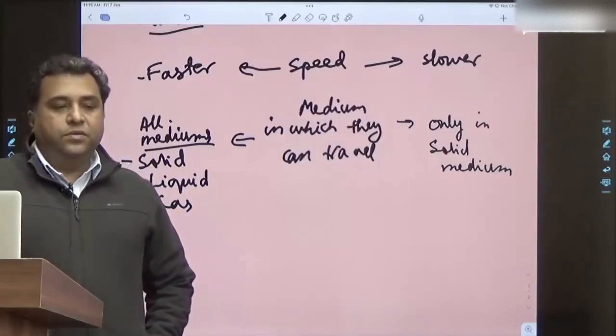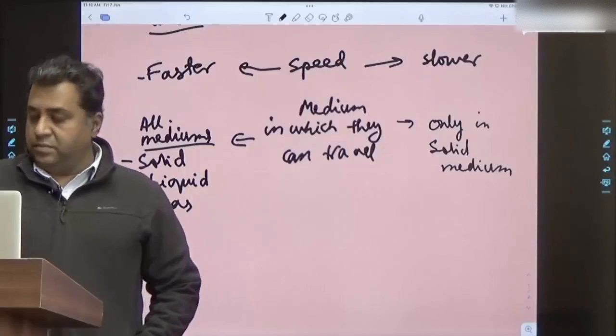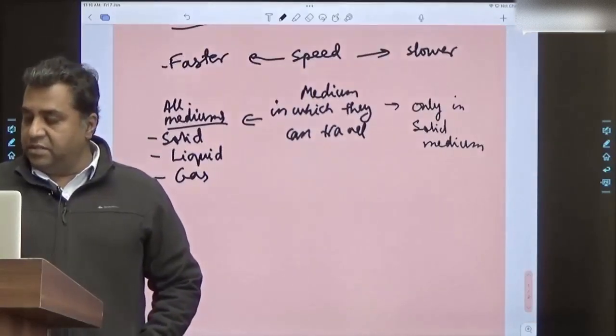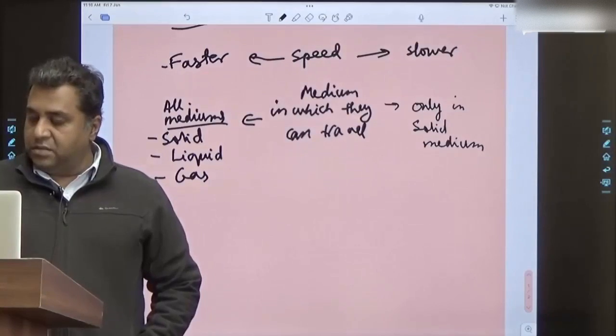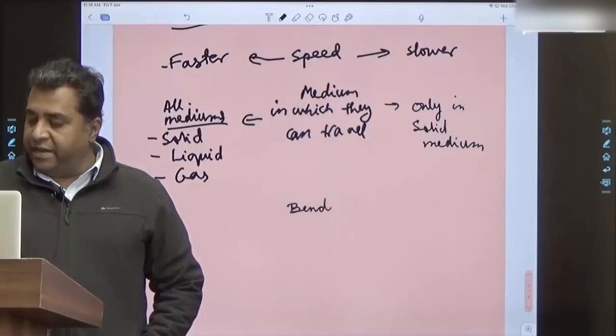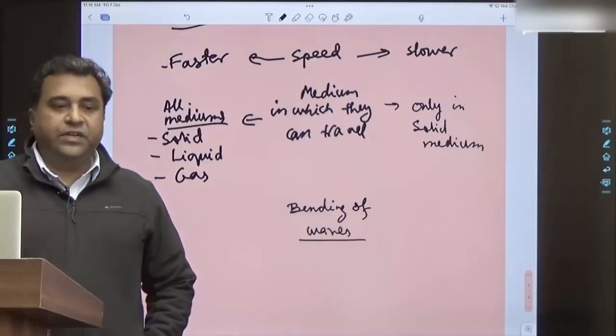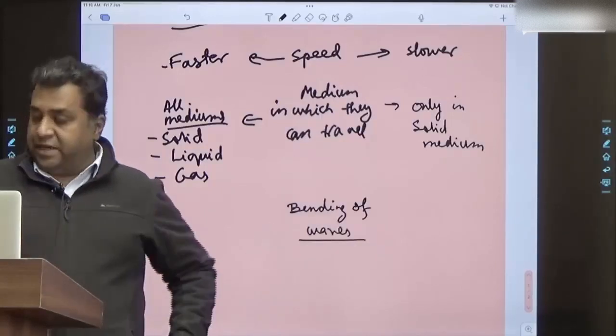Now, next, there is a characteristic with respect to the bending of waves. So, how do they bend? Let us see.